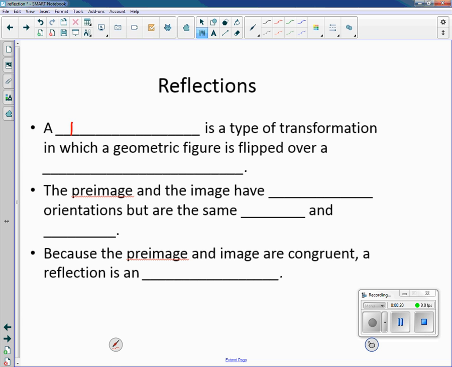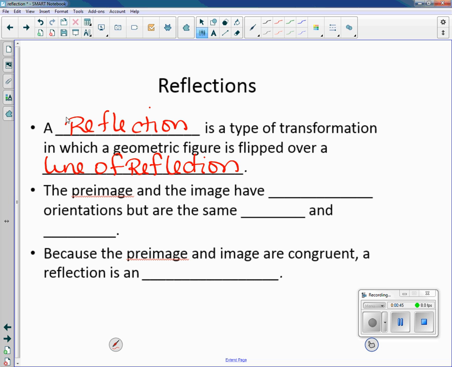Reflection is a type of transformation in which the geometric figure flips over the line of reflection. And this line of reflection is going to be key, okay?